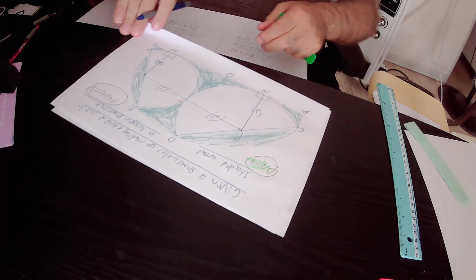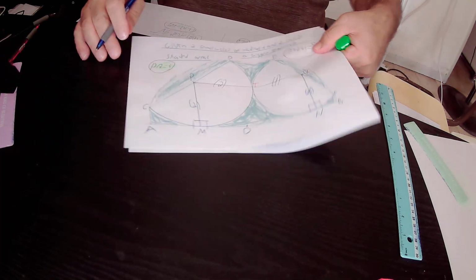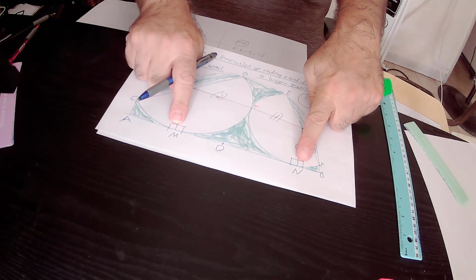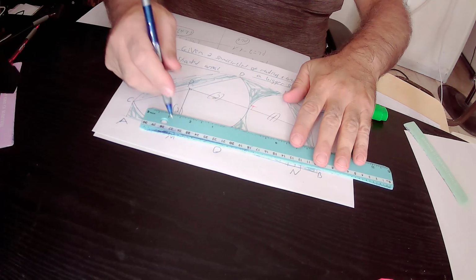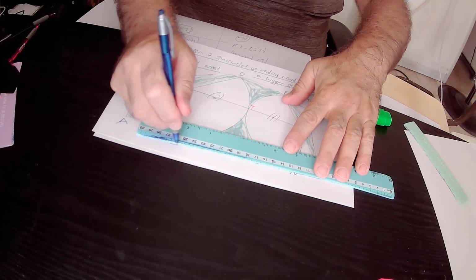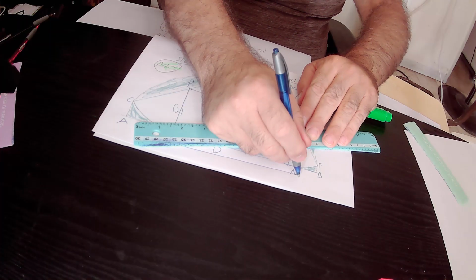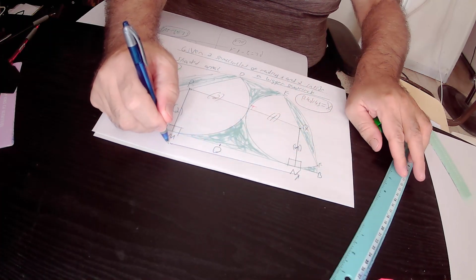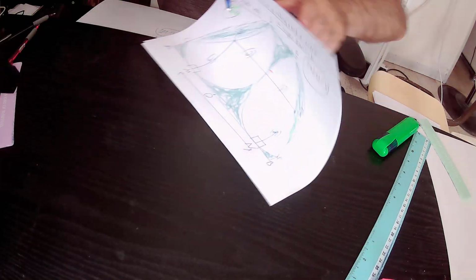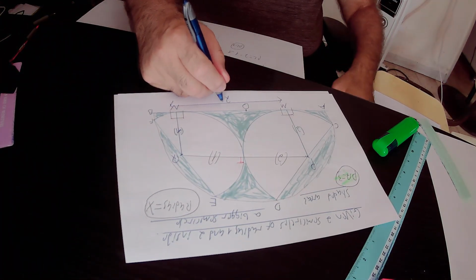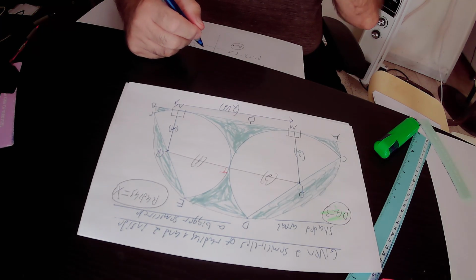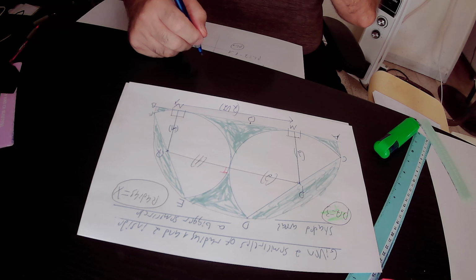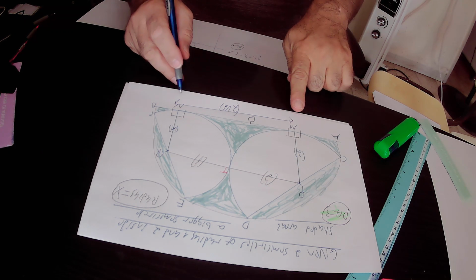So this is side MN that we just found out equals 2 times square root of 2 units in length. So MN in total equals 2 times root of 2.